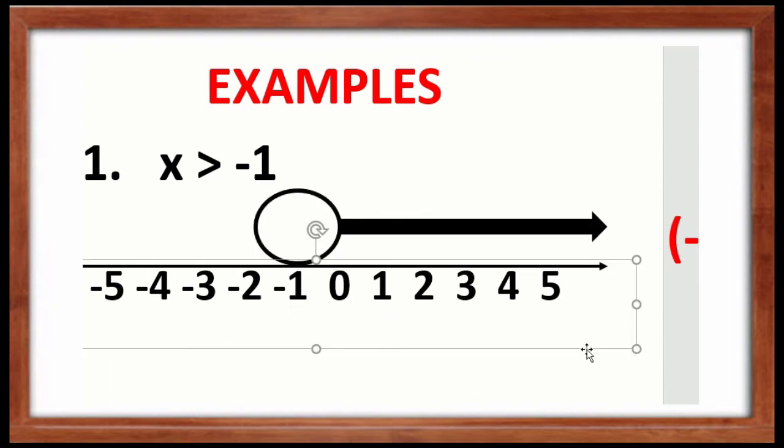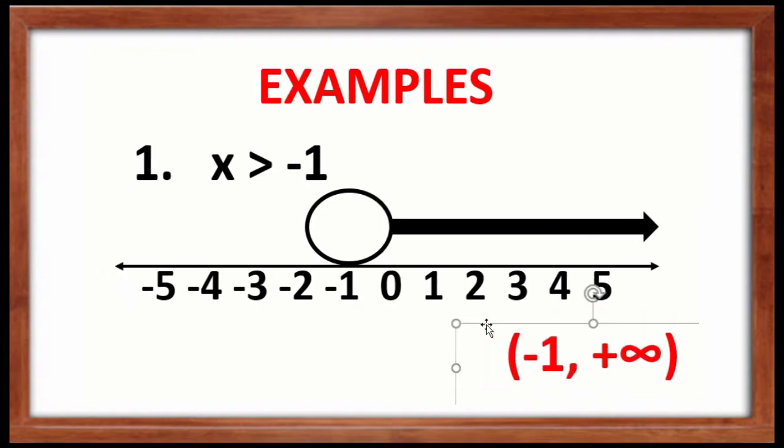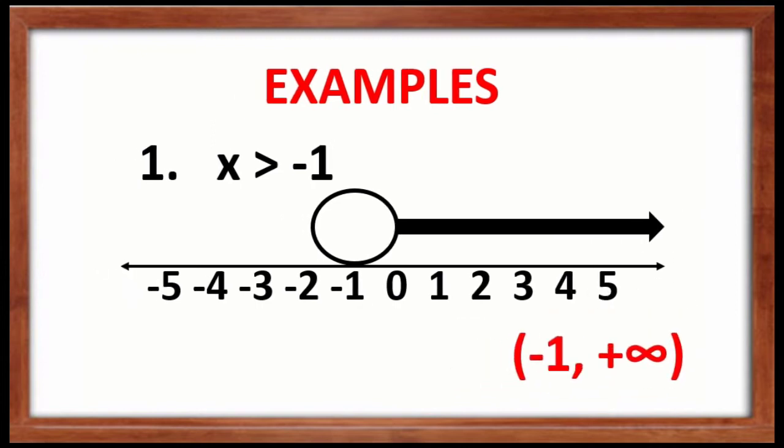And therefore, we can conclude now that the possible interval from -1 up to positive infinity is the solution interval. Meaning from -1 here, the arrow goes to the right, and the end point of this arrow is the positive infinity.